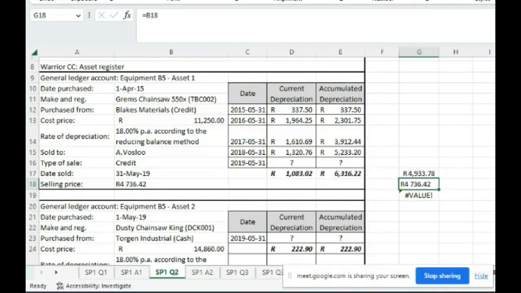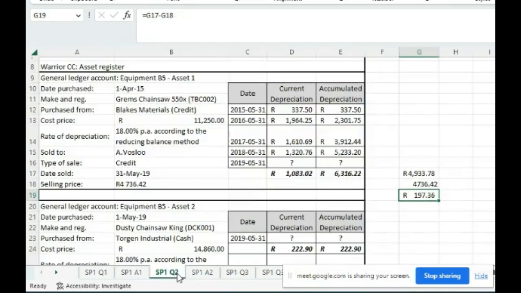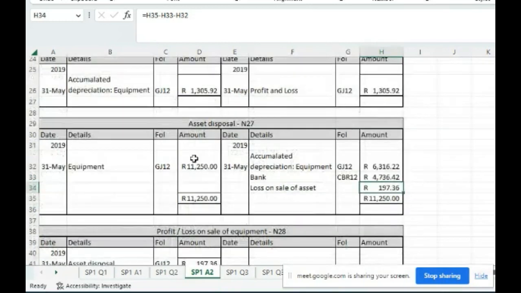So 4,736.42, and I get 197.36, and that is the same amount I got there. Okay, and that's how it should be. So it should balance in here, and it should have balanced when I did the calculation. So that's just a way to check that my calculation was indeed correct. Okay, so I am happy with the asset disposal.